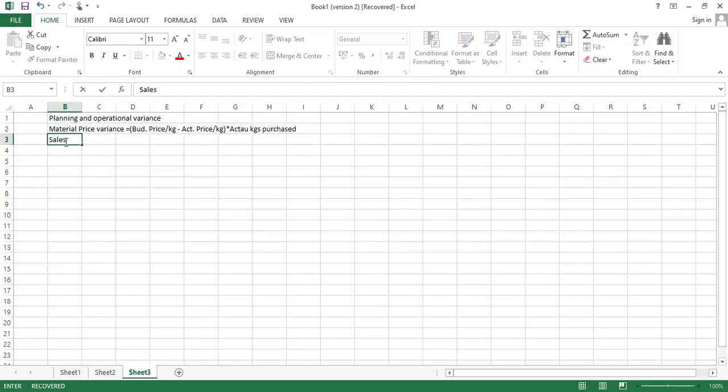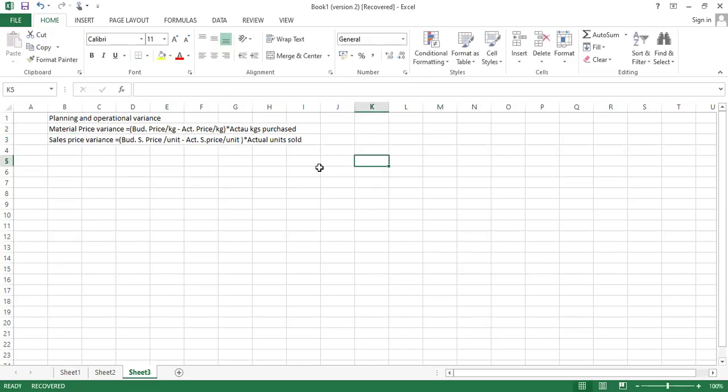So remember these basic variances. Sales price variance is equal to budgeted sales price per unit minus actual sales price per unit, into actual units sold.